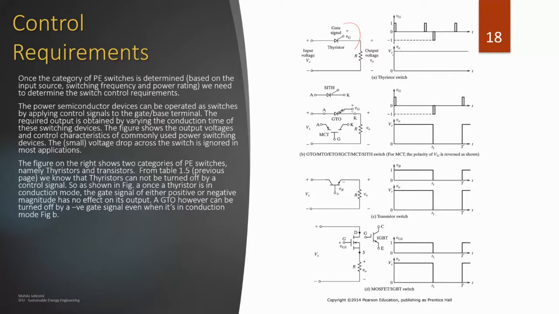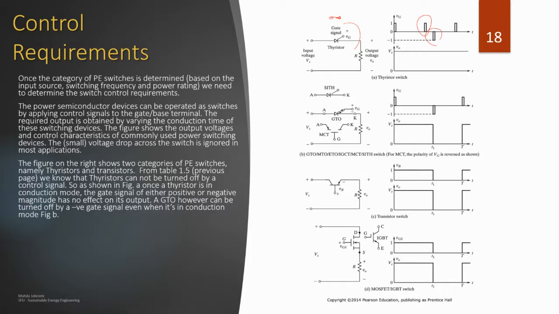Here the input to it is a positive DC. The moment you pulse the gate, the switch will close, and the output becomes Vs. But after that, no matter what kind of pulse you apply to the gate, it has no effect on the output.